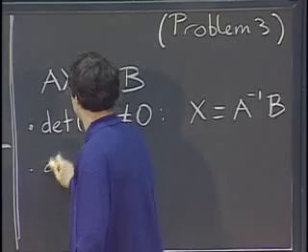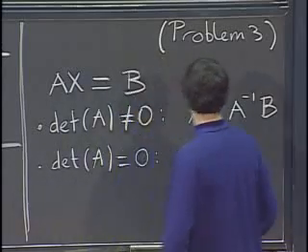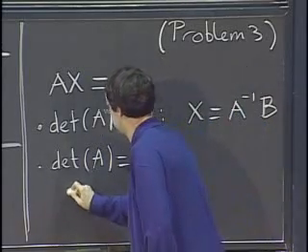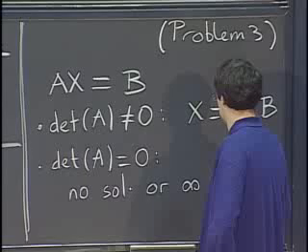And the other case is when the determinant of A is 0, and then there's either no solution or there's infinitely many solutions.